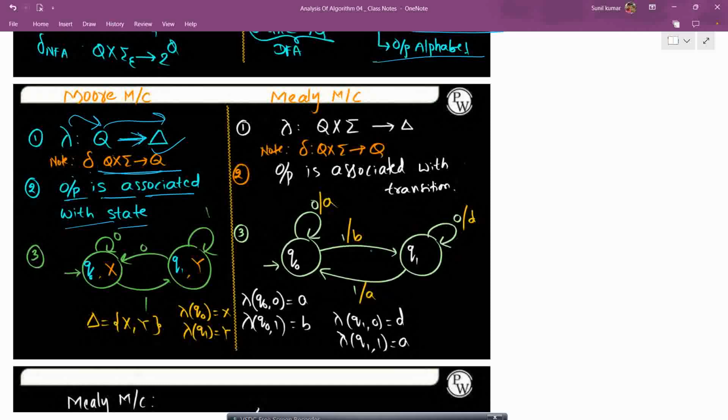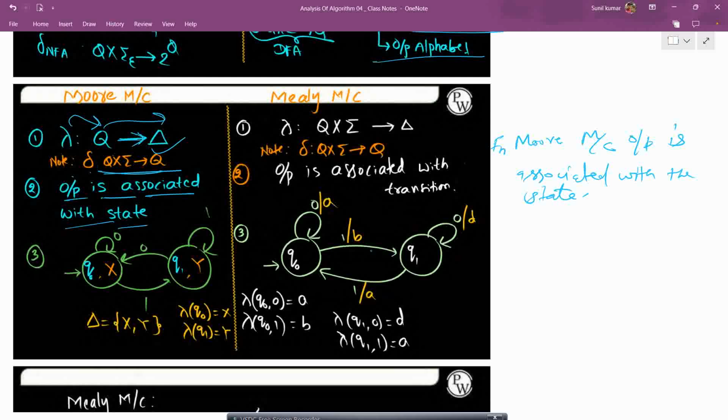In Moore machine, output is associated with the state.